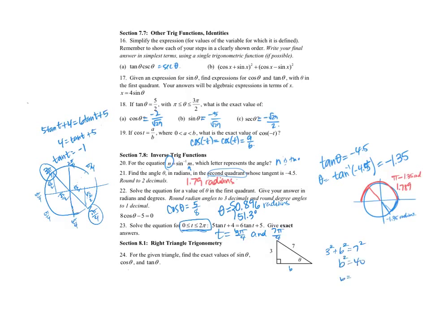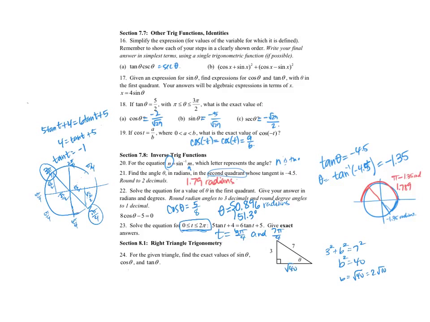So b is equal to square root of 40, which is 2 square roots of 10. You could write it as square root of 40 if you want, though. I'm going to go ahead and label that side there with that value, square root of 40.